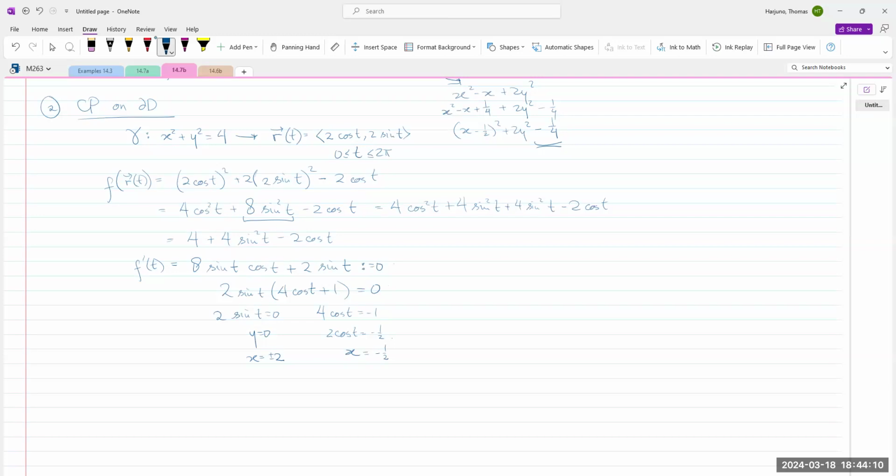When x equals negative 1/2, you plug that into x squared plus y squared equals 4. So 1/4 plus y squared equals 16/4, so y squared equals 15/4. y is plus or minus square root of 15 over 2.